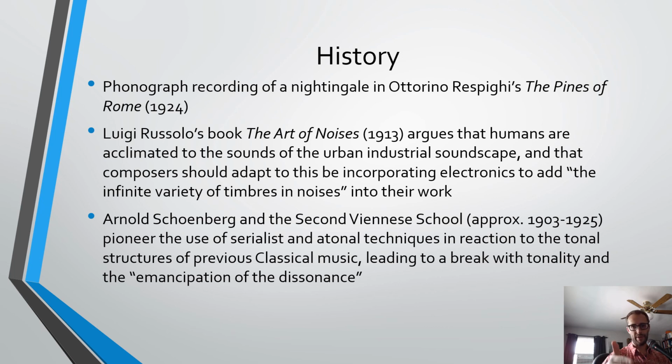You know, we can write a 1-4-5-1 chord progression over and over, but we're not going to write any new music. And so they came up with techniques of using every note within the chromatic octave before you could reuse another pitch. So you have to go through all the other 11 notes before you can repeat note 1. And this led to a break with tonality and what was known as the emancipation of the dissonance. Pieces started getting noisier, they started getting more experimental, and it proved very fertile ground for a lot of composers.